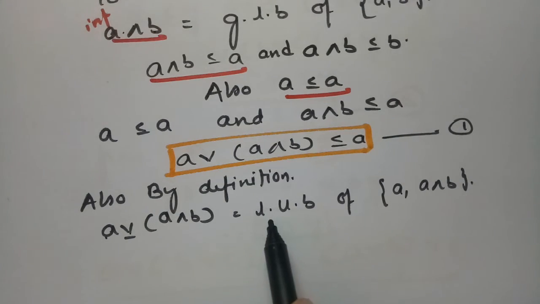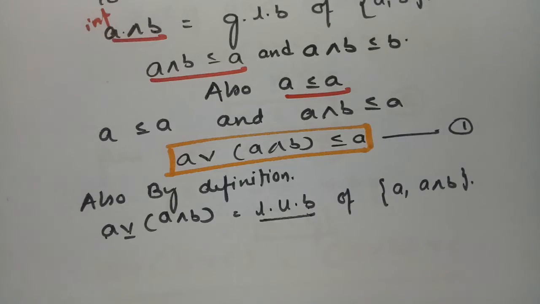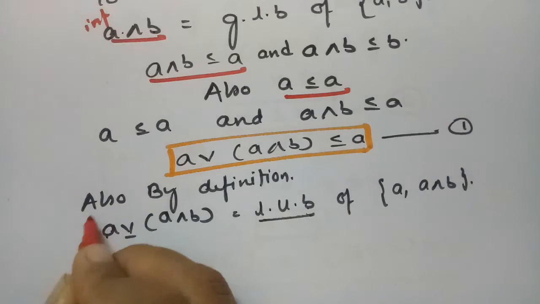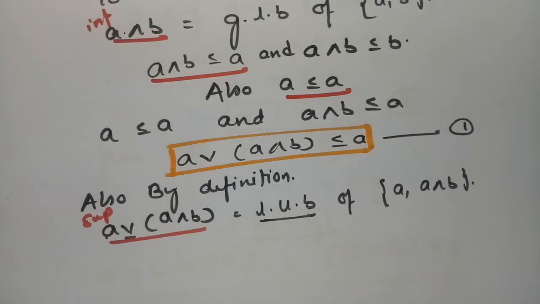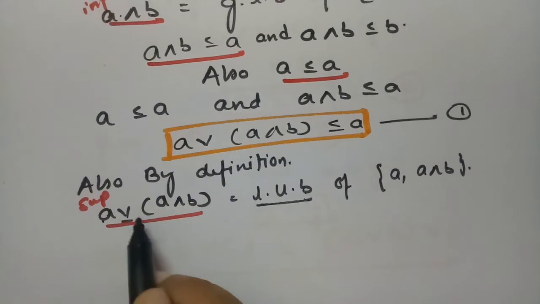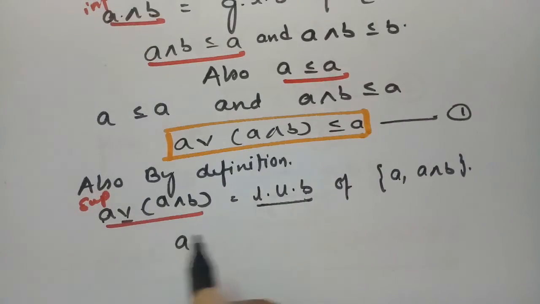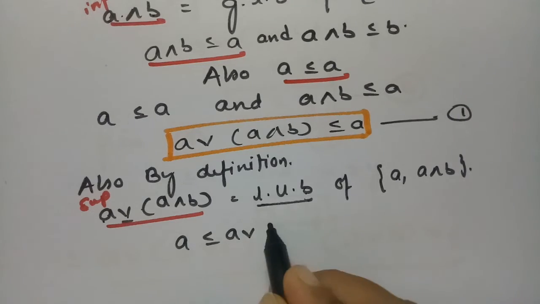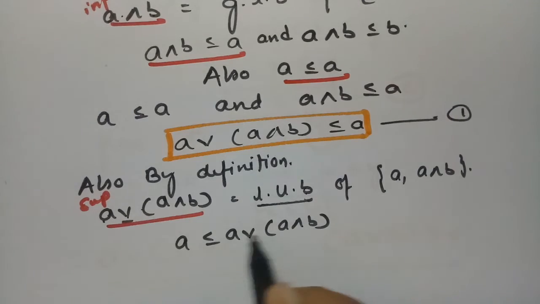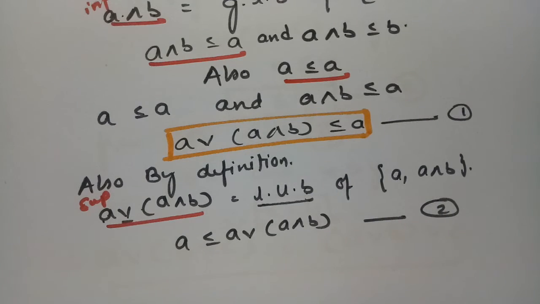See here, what is least upper bound? Least upper bound is nothing but the supremum value. So this value is nothing but the supremum for the set A, A meet B. So for each and every element, this value is the supremum value, that is A join A meet B. And this is our second relation.